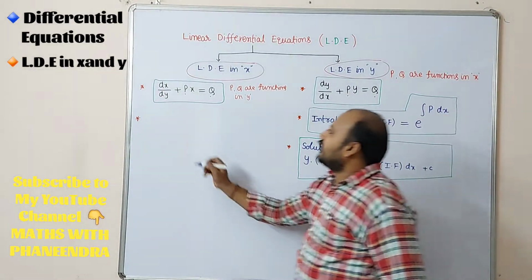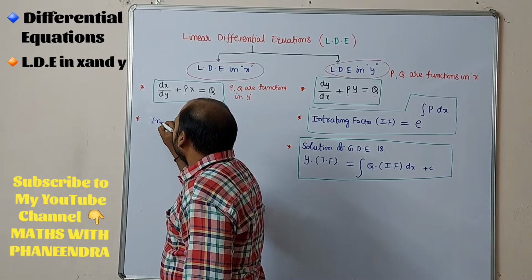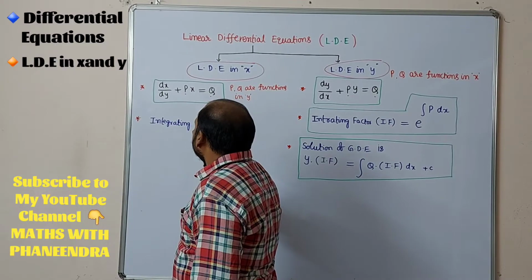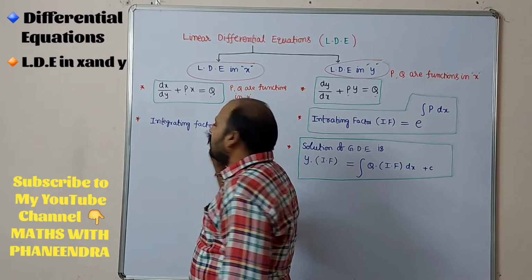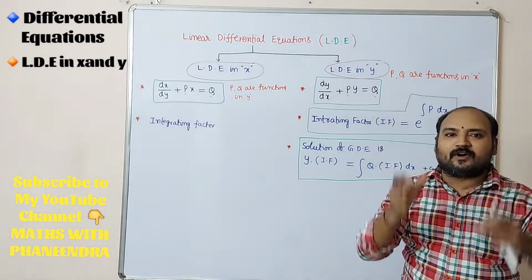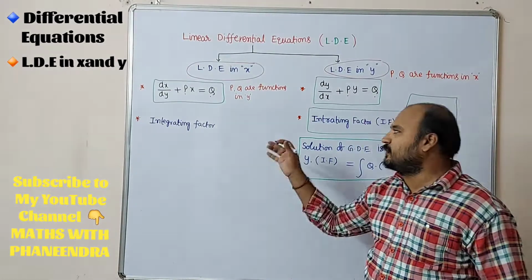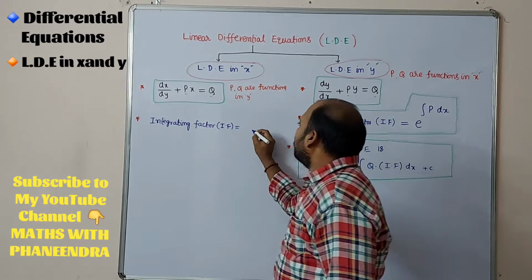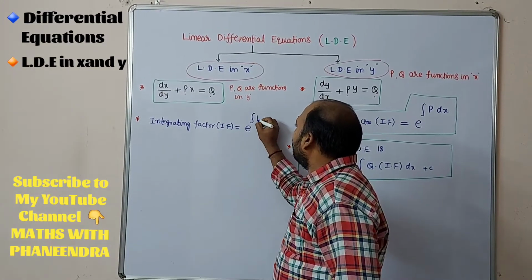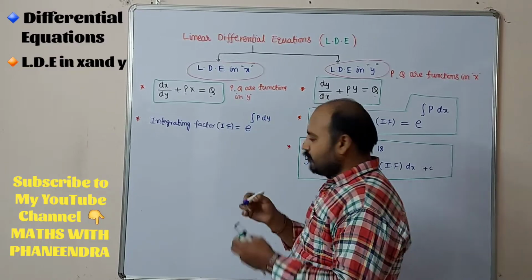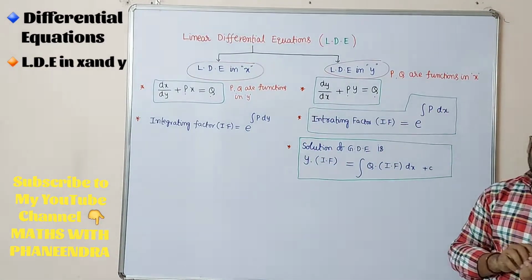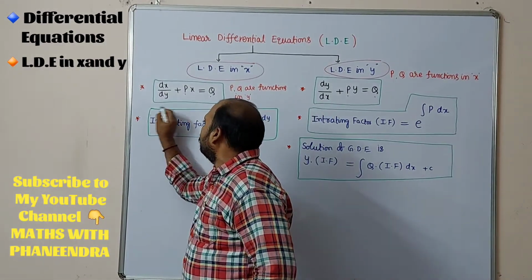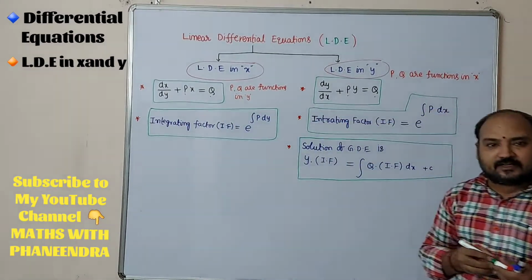I can even give the proof, but here I am explaining the simple way for the students' understanding. The integrating factor is e power integral P dy. This is about the integrating factor for a linear differential equation in x.